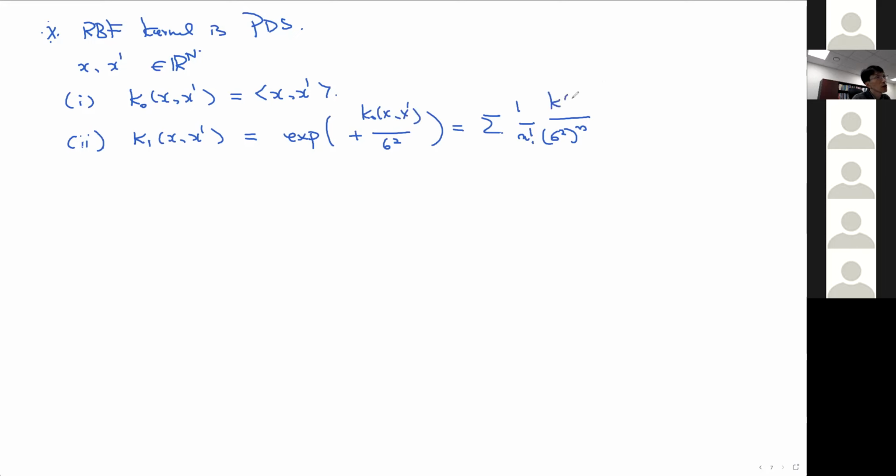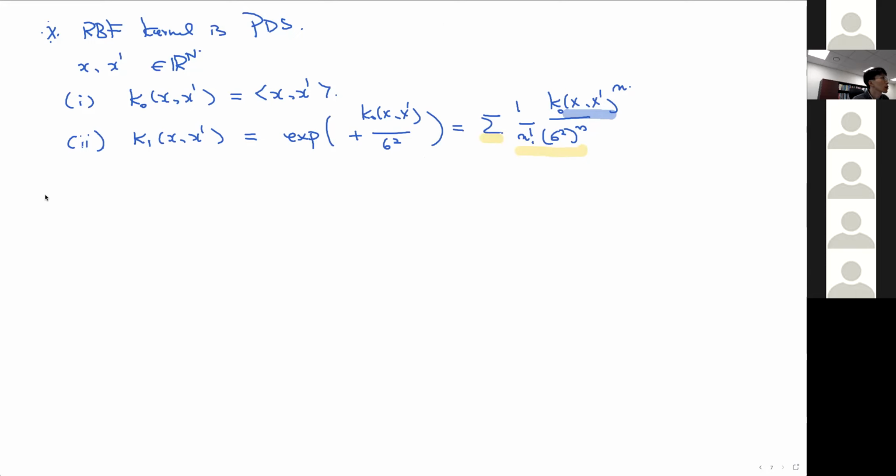So this is really the power series construction that I told you. Here is the nth power, and here is the constant term a_n that gets applied, and we are taking their infinite sum. Because the Taylor expansion of the exponential converges for every real number, this is a well-defined kernel, so it satisfies PDS.